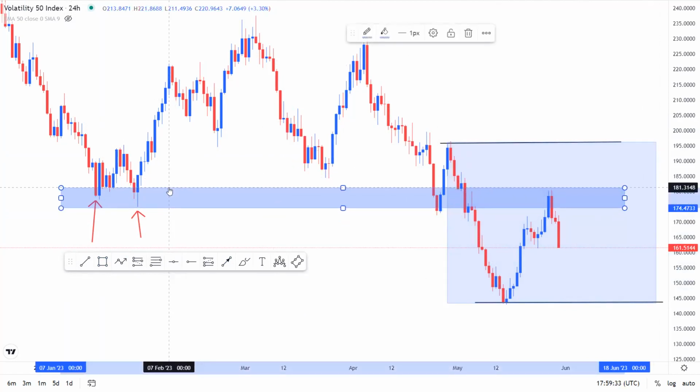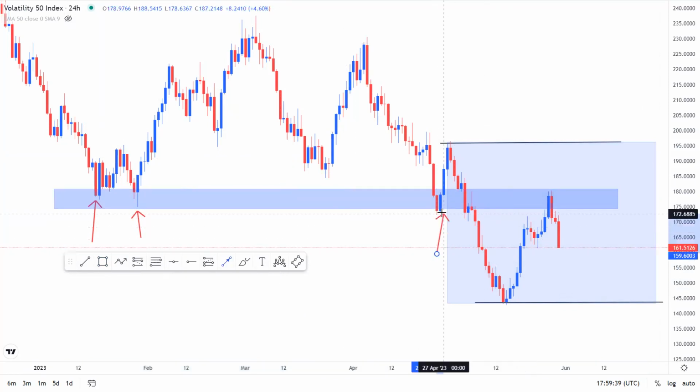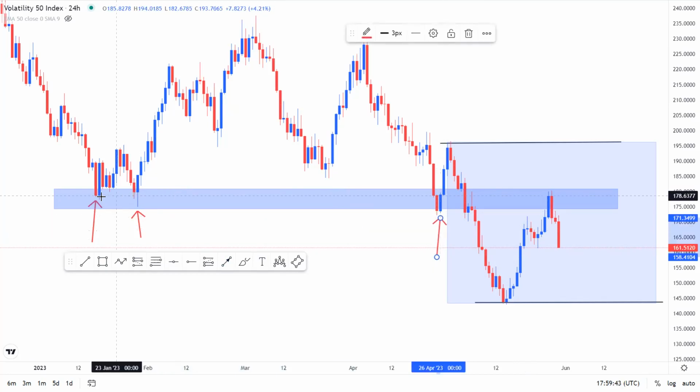So if I box up this level right here, what do you get to notice? The number of touches we have from the level. Previously on 3 occasions, this level acted as a support.